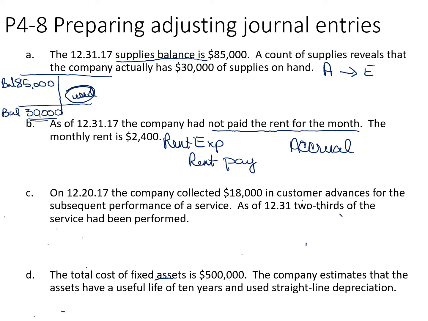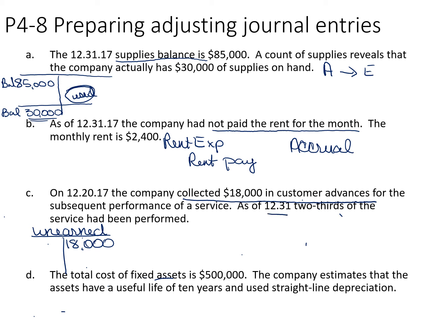In Part C, it says we collected 18,000 in customer advances. So that means it's in unearned revenue, which is a liability account, and liabilities have credit balances, because when we collected it, we debited cash and we credited unearned.